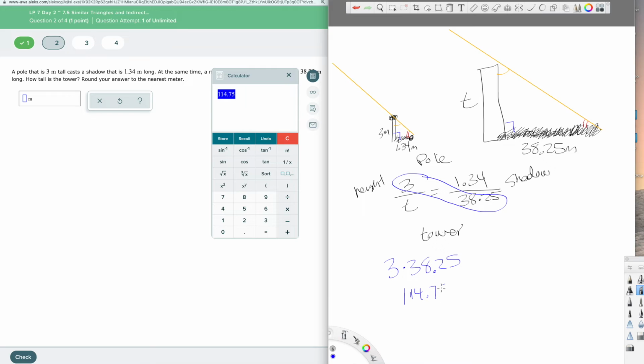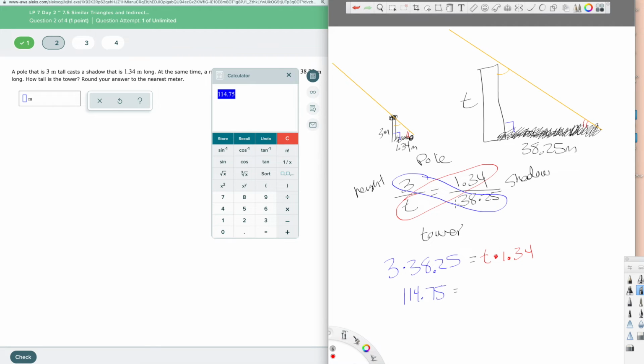Equals, and then we have t times 1.34. So this is the idea, cross multiplication.